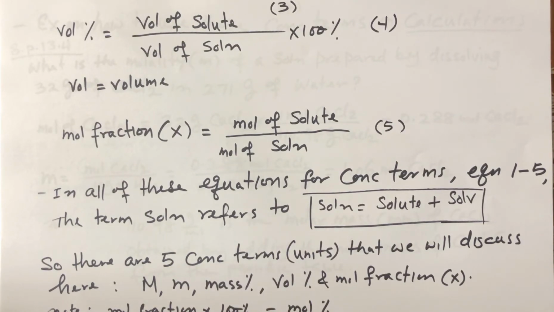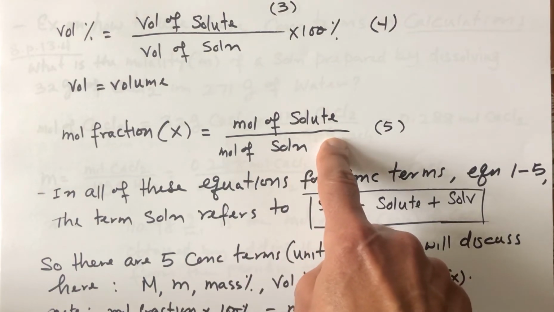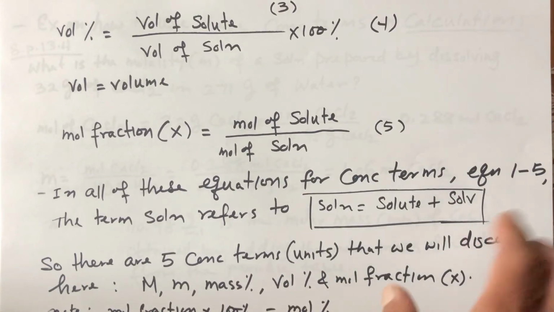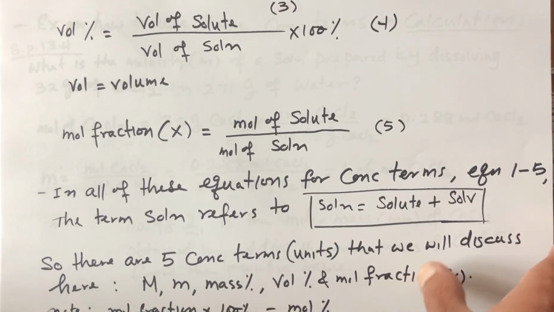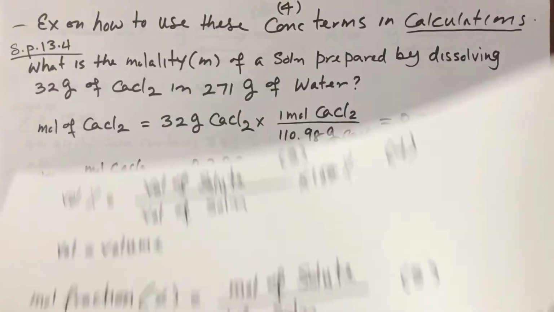Also, I wanted to mention that in many textbooks they talk about mole percent. Mole percent is really mole fraction, this quantity here, multiplied by 100%. So when you take this ratio and multiply by 100%, you get mole percent. Now, let's go to the next slide.